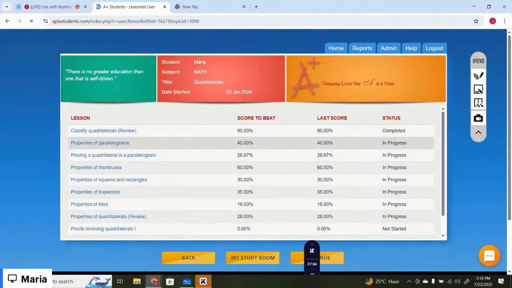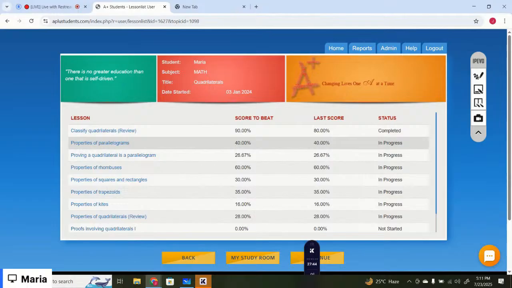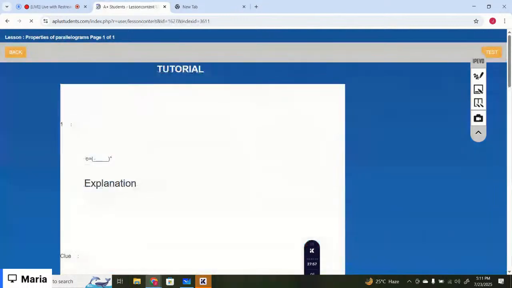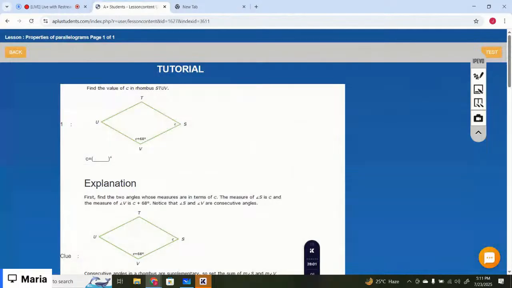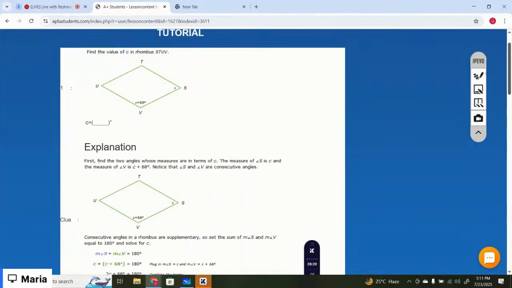The next lesson is properties of parallelograms. Find the value of C in rhombus STUV.